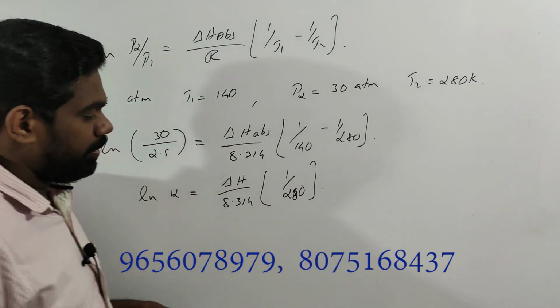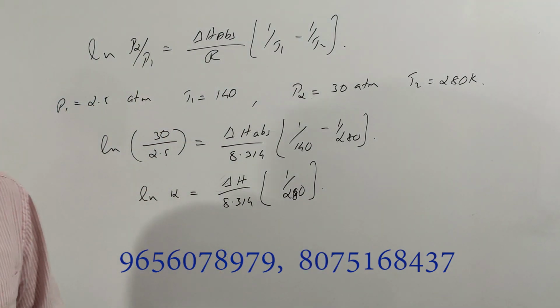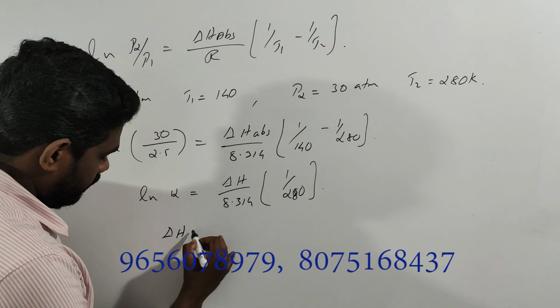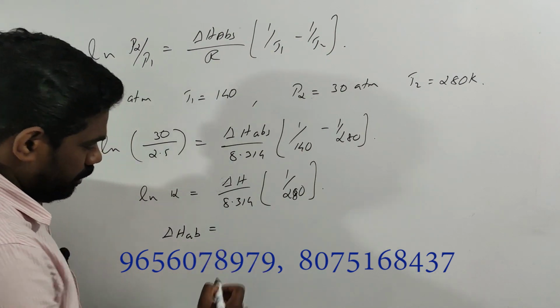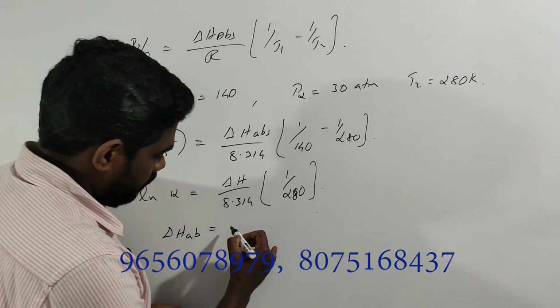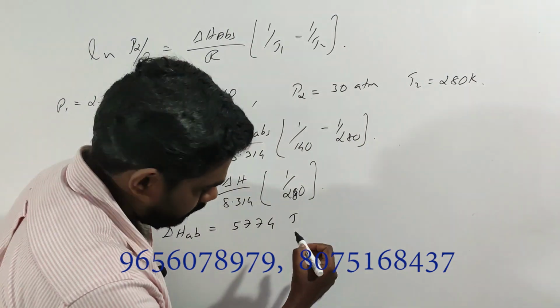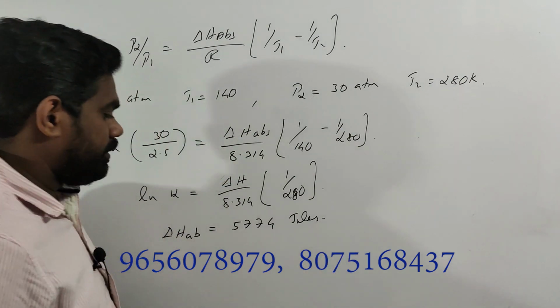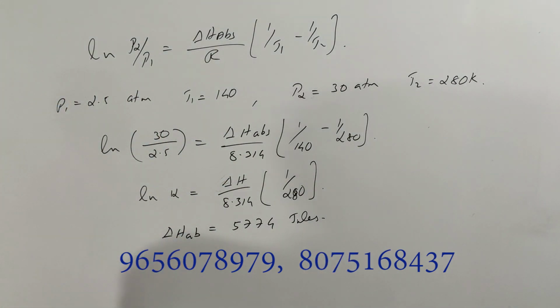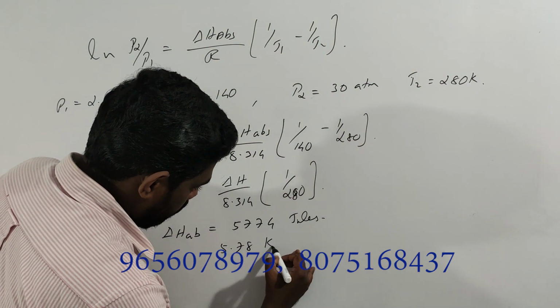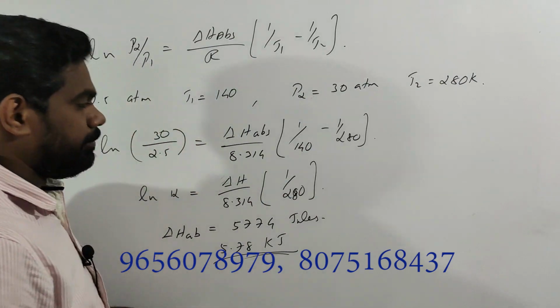This is the equation we will get, and if we solve it, delta H will be equal to 5774 joules. It is asked in kilojoules, so the answer will be 5.78 kilojoule. This is the answer for 49.